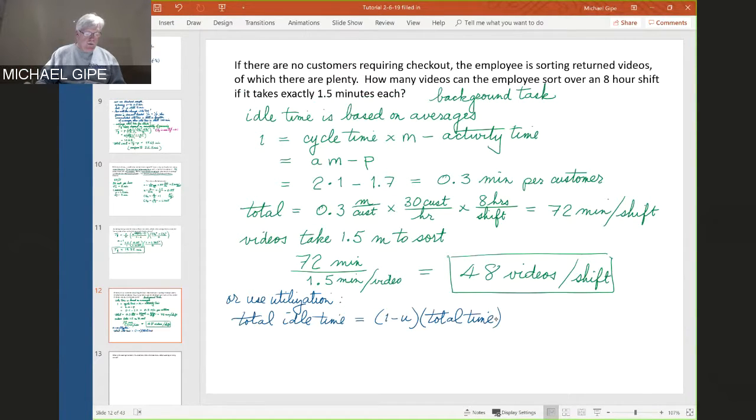And since I already calculated that, the utilization is 1 minus 0.85, or 0.15, times 8 hours times 60 minutes. We're going to be doing it in minutes. Equals 72 minutes per shift.